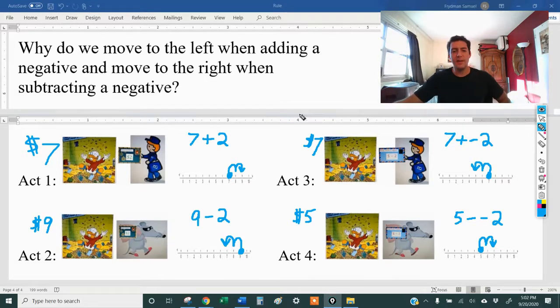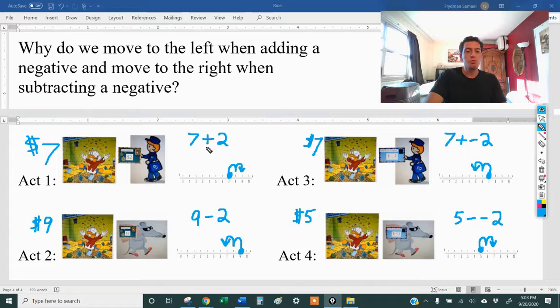So if you look at what's happening in these real life situations, then it should make more sense why it is that when we add a negative, we move to the left, and when we subtract a negative, we move to the right. And when we add a positive, we move to the right, and when we subtract a positive, we move to the left. All of those rules should make more sense if you think about them as rules which were created by people in order to describe real life situations.